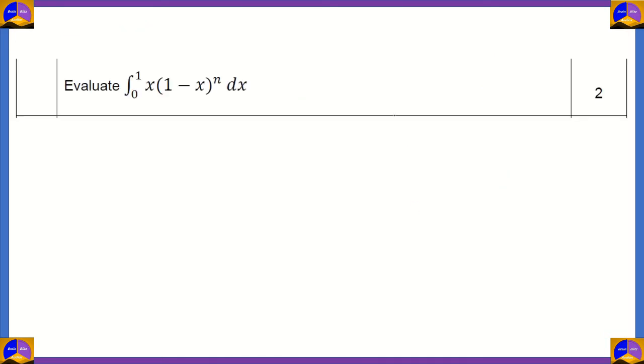Let's move on to our next question. The OR question is to evaluate integral 0 to 1 x times (1 minus x) raised to n dx. In order to solve this question, we're going to use the property integral 0 to a f of x dx is equal to integral 0 to a f of (a minus x) dx.